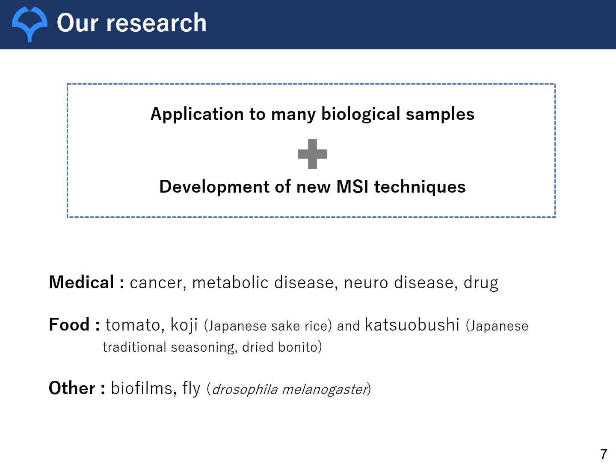In addition, the metabolites from bacterial biofilm and Drosophila melanogaster are also visualized by our team. At Fukusaki Laboratory, we are working on the development of applications and methods for a wide variety of samples. And from now, I would like to introduce recent research achievements.